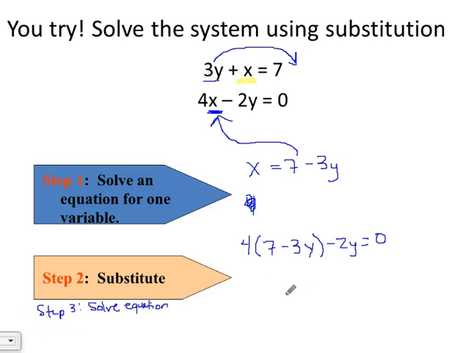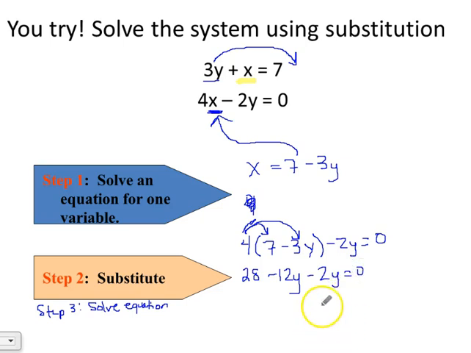Let's start over. My third step is to solve the equation. I'm going to solve for y. So I've got a 4 in front of my set of parentheses, so I have to distribute. That's my first step, is to distribute. So 4 times 7 is 28. 4 times negative 3y is negative 12y. And then I've got this negative 2y equals 0.